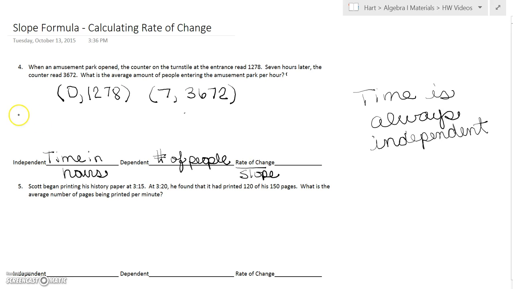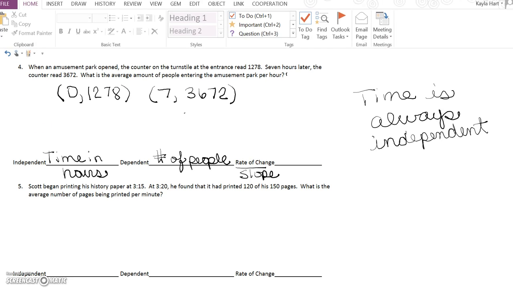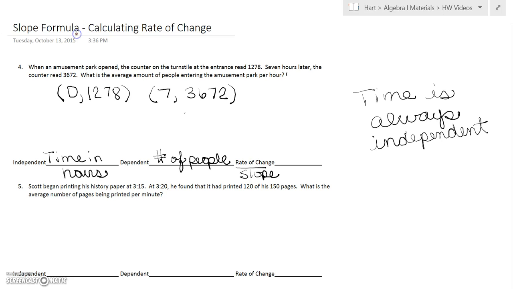So now we can use our equation for slope formula, and that's y2 minus y1 over x2 minus x1. So in this case, this is x1, y1, x2, y2. So we just plug it into the formula.